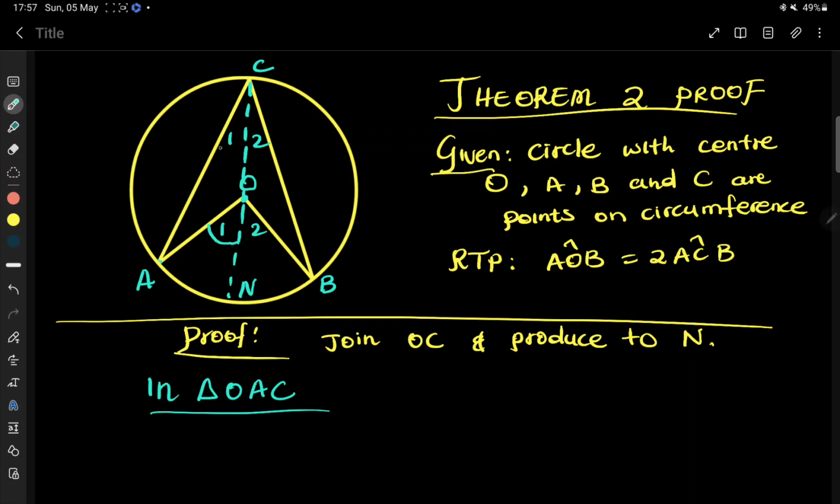O1 is equal to C1 plus A. If you can just look, we have something like this. This is O1, that is C, that is A. If you turn it around, O1 is equal to C plus A. That is the exterior angle.